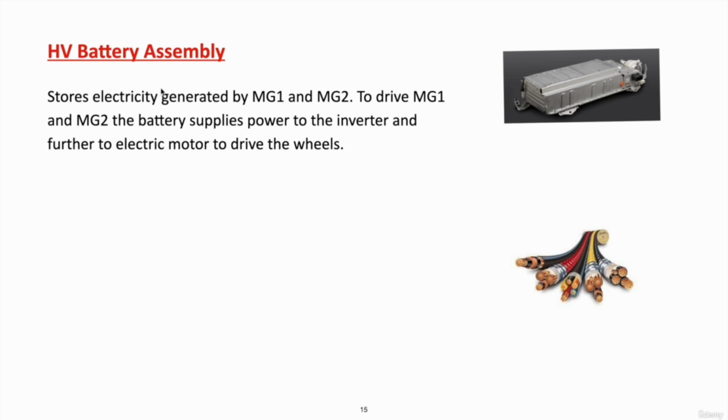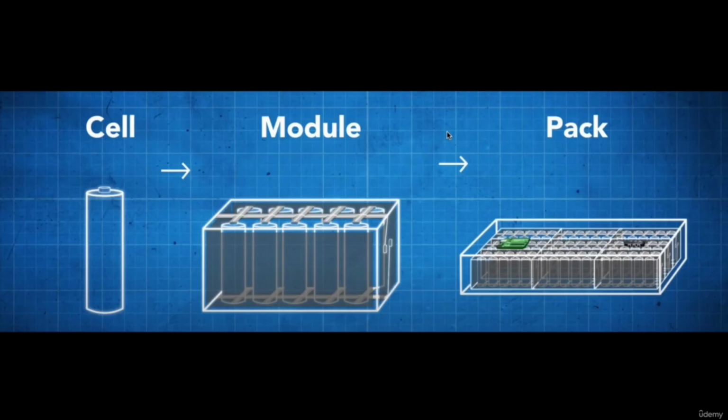As the name suggests, HV battery assembly is an assembly of various cells, and those cells combined are known as modules, and various modules are combined to form a pack. So this is a battery pack, a whole battery pack.